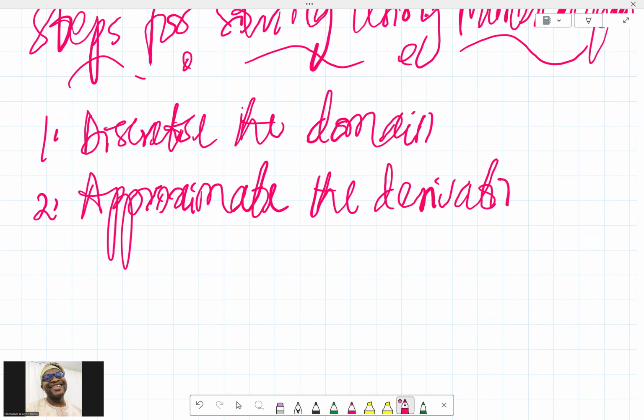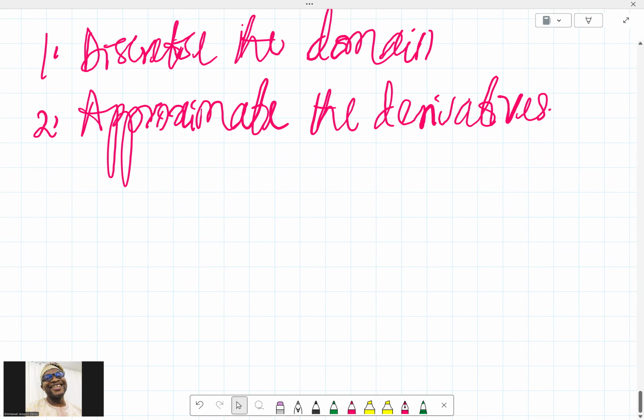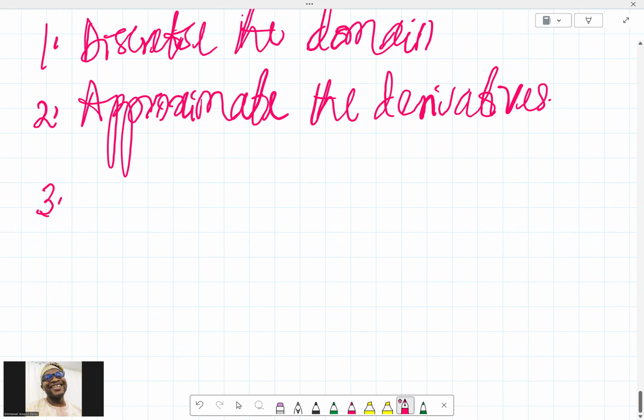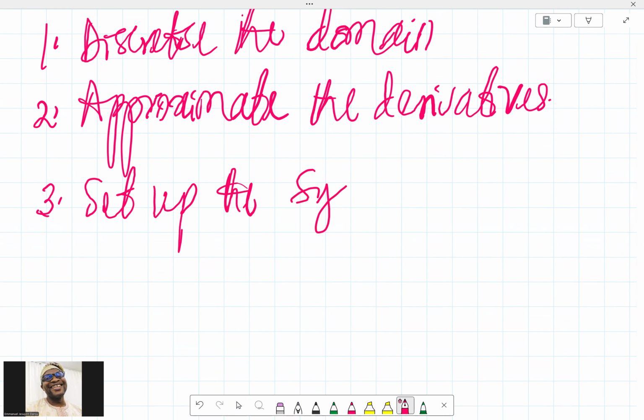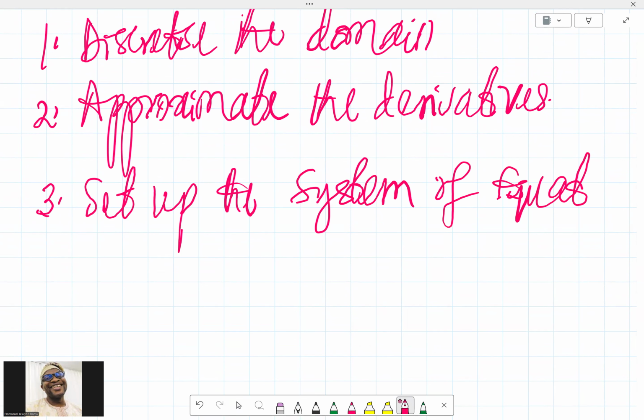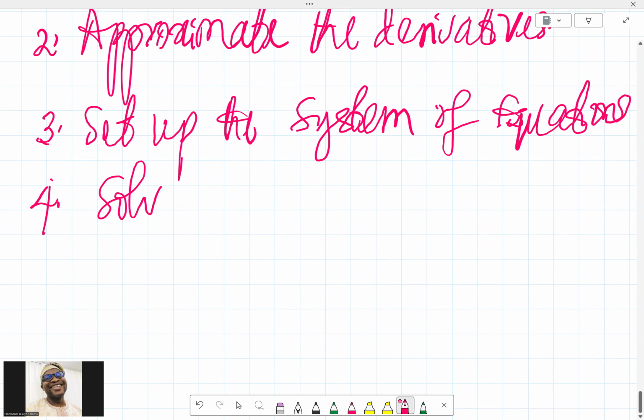Here, you use finite difference approximations for the second derivatives. Then number three, you set up the system of equations. It will now be in terms of matrices. Here, you substitute the finite difference approximations into the PDE to obtain a system of algebraic equations. That would have made it easy to solve, right? Then finally, you solve the system using known methods.